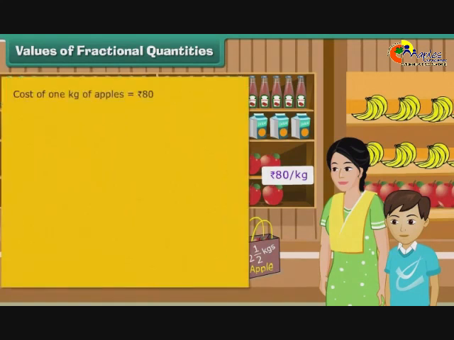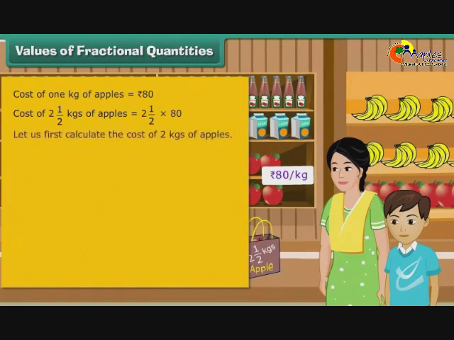Cost of 1 kg of apples is Rs 80. Cost of 2.5 kgs of apples is equal to 2.5 multiplied by 80. Let us first calculate the cost of 2 kgs of apples.